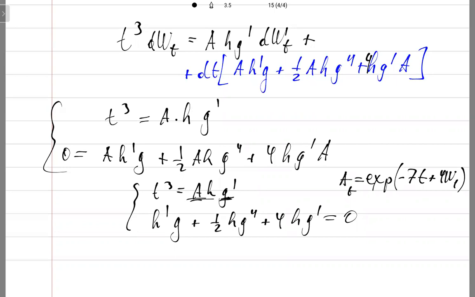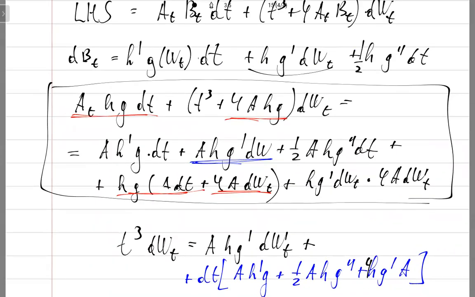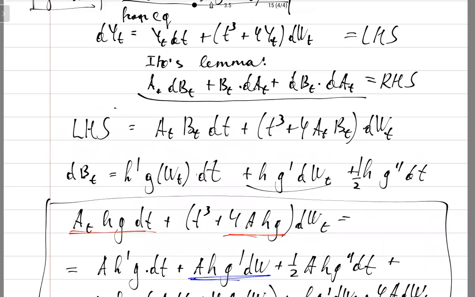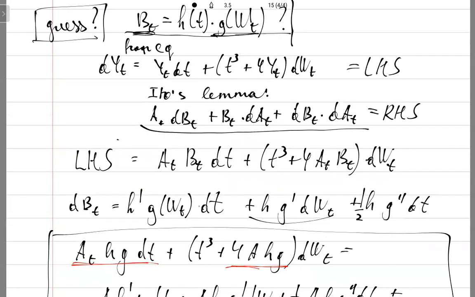So the only way to cancel the randomness on the right-hand side is to have g prime equal to exponent of minus 4wt. This is the only way to cancel randomness, because in our case the only randomness in BT is g of wt.